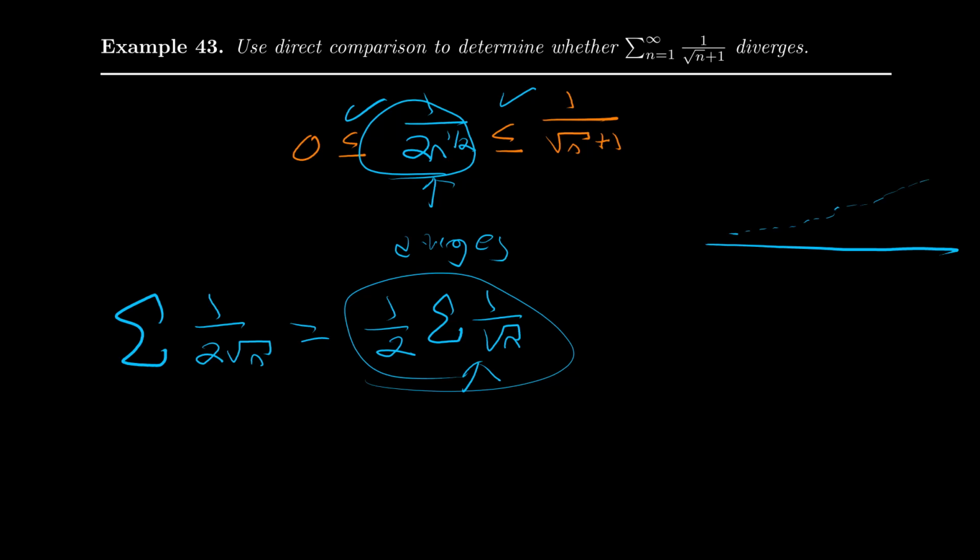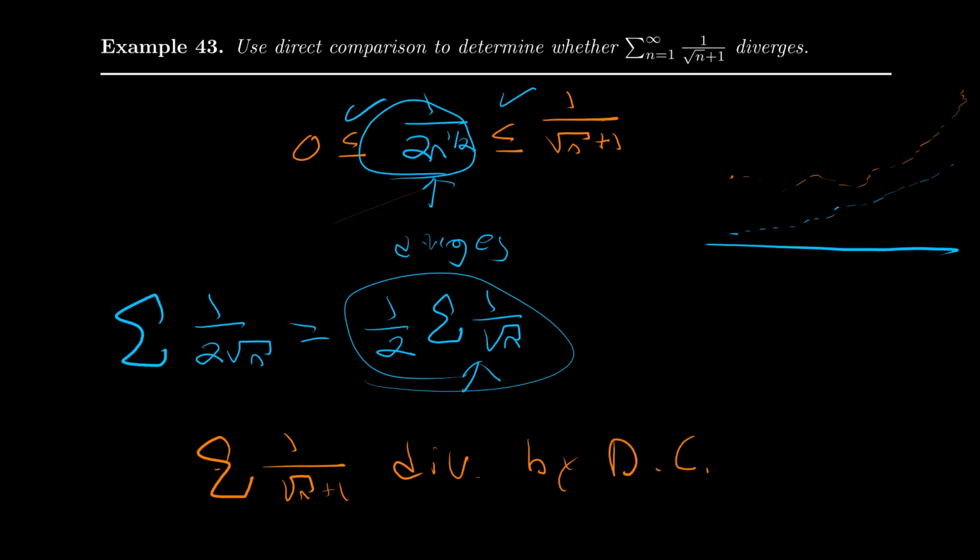It's going to diverge eventually, so it's not going towards the line. And so it doesn't matter what 1 over square root of n plus 1 does. It's always less than it eventually, so it has to diverge also. That's the kind of picture that we're looking at. So then this thing will diverge. So the entire answer is: series 1 over square root of n plus 1 diverges, by the direct comparison test.